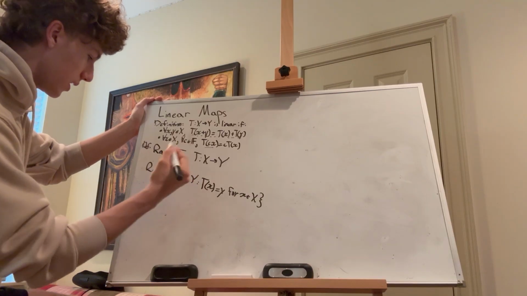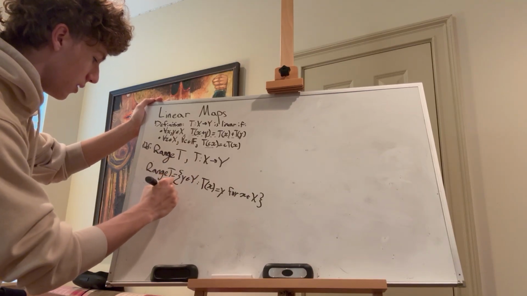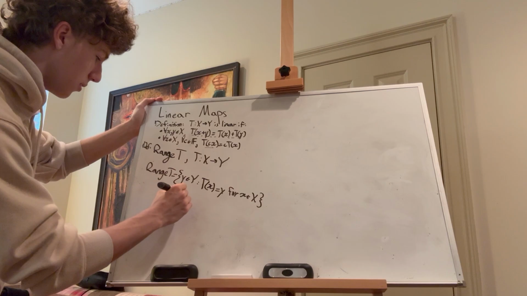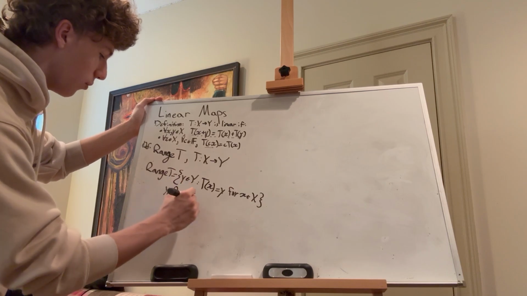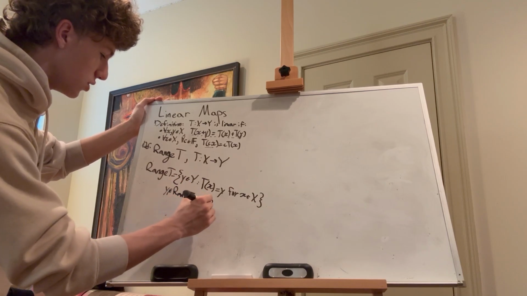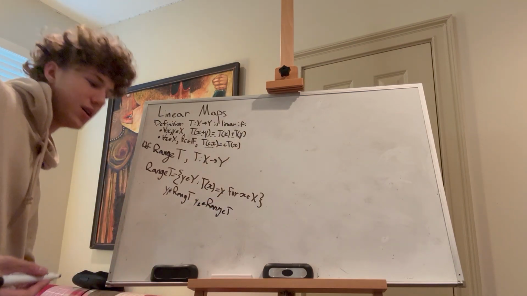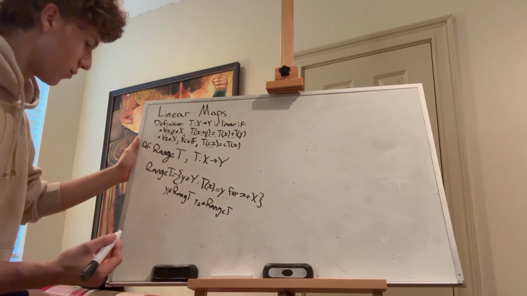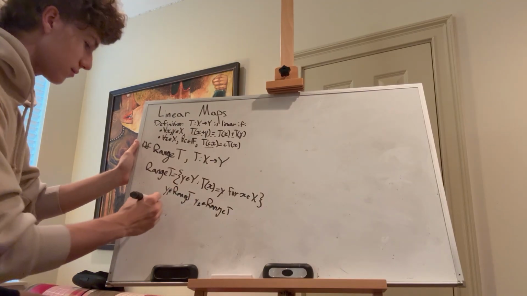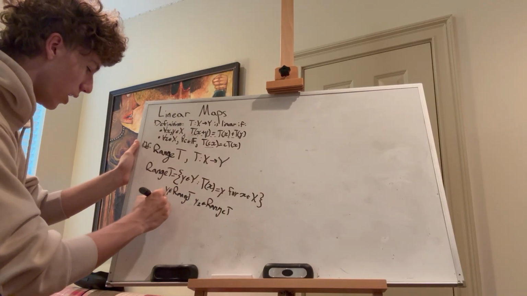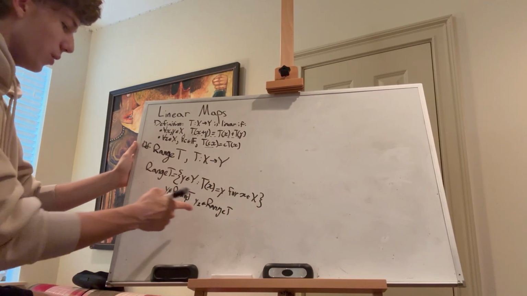So let's take any random y in our range. Let's take y1 and y2 in our range. If we add them together, does it stay? If it doesn't, then it's not a subspace and we have problems. So let's do y1 plus y2. What does this mean?